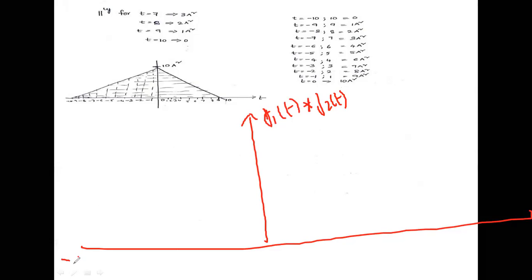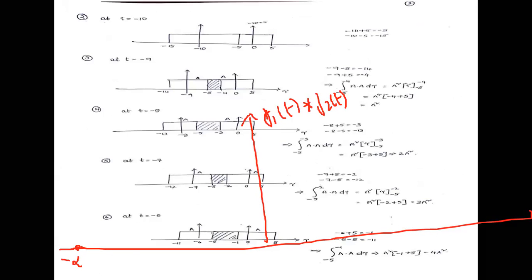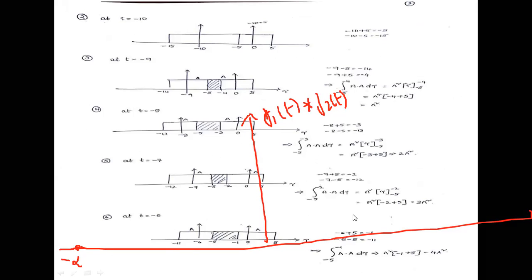What is the minus infinity value? 0. And at minus 10 also, here I'm taking the minus infinity as 0. Minus infinity is 0 here, my dear students. And similarly at minus 10 it is also 0.